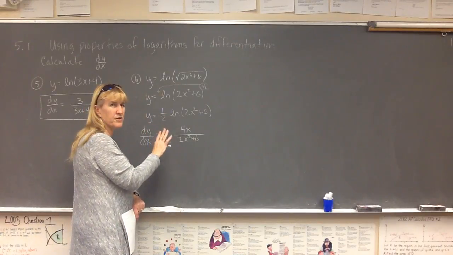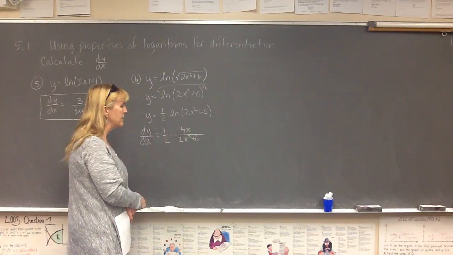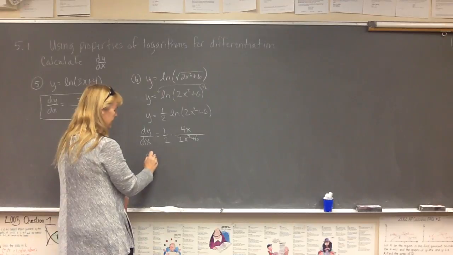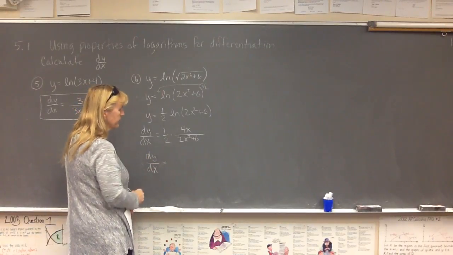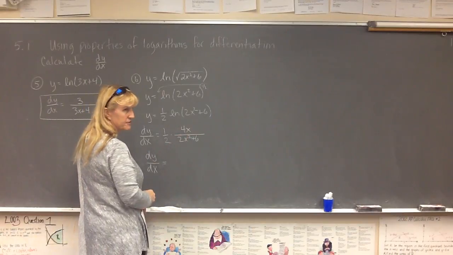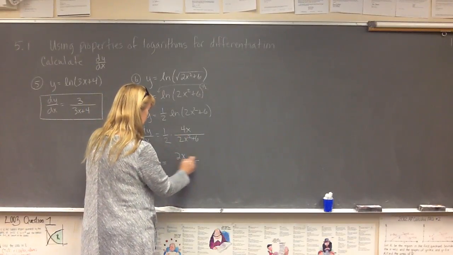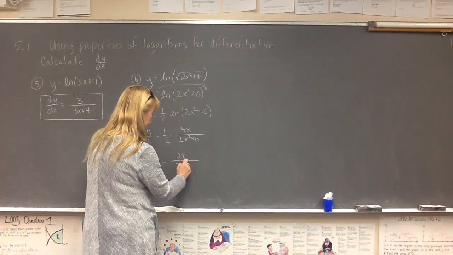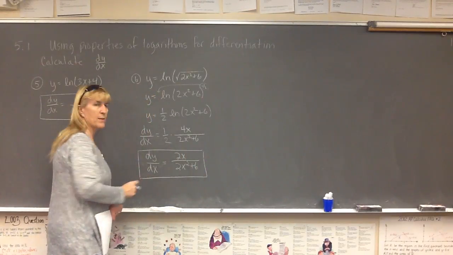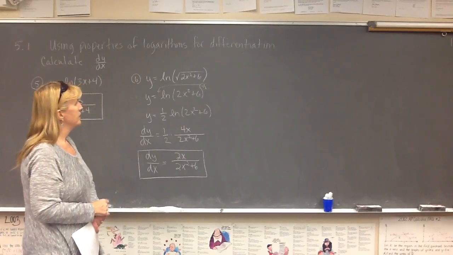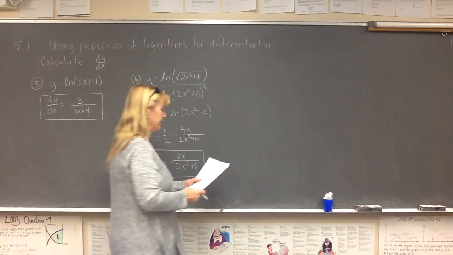Even though that square root stuff would have worked its way out at some point, we're making it nicer by taking care of it with a leading coefficient. So my 2 here can divide into 4x, giving me 2x. And on my denominator, I just get 2x squared plus 6, and that's the end of that problem as well.